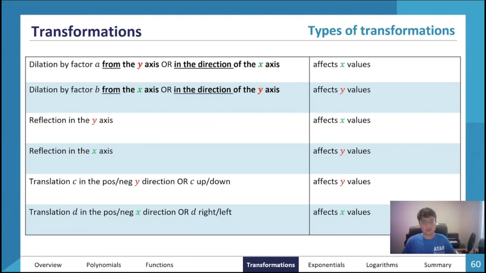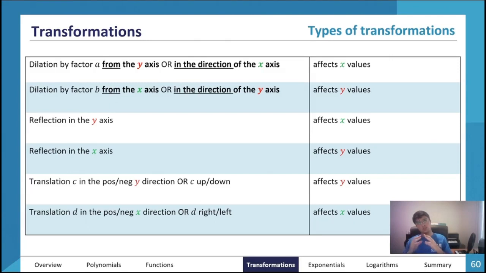In terms of figuring out how each type of transformation is connected to a change in the equation itself, let's first look at dilations. So with a dilation by some factor a, if we're dilating from the y-axis or in the direction of the x-axis, we're going to affect the x values in the original equation.